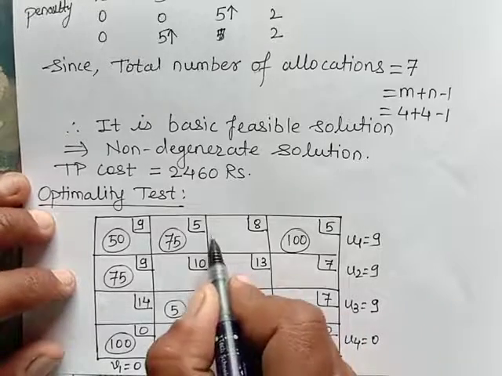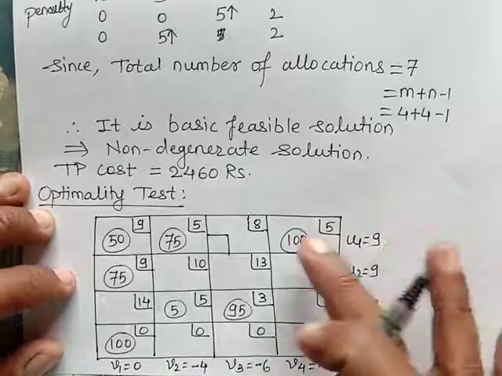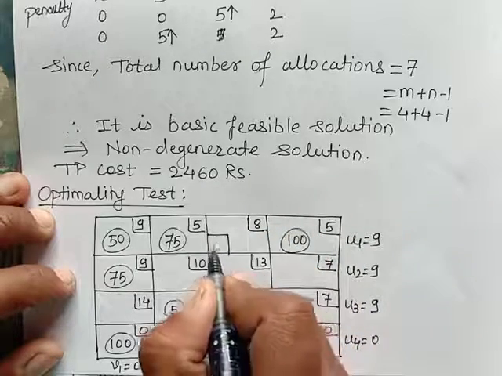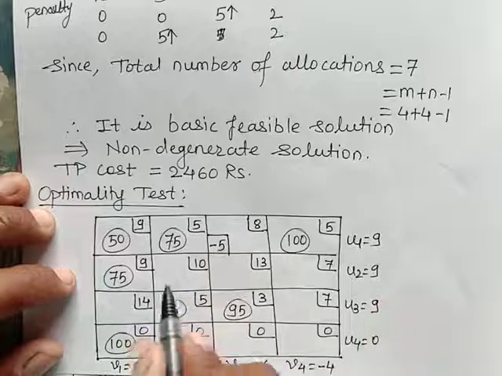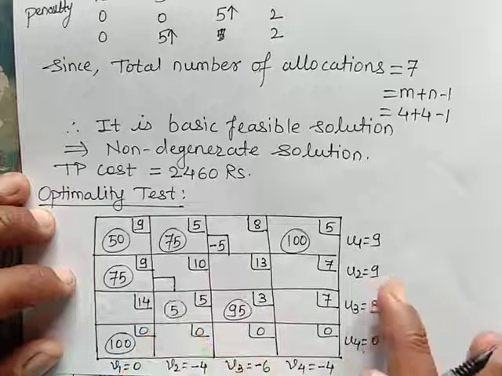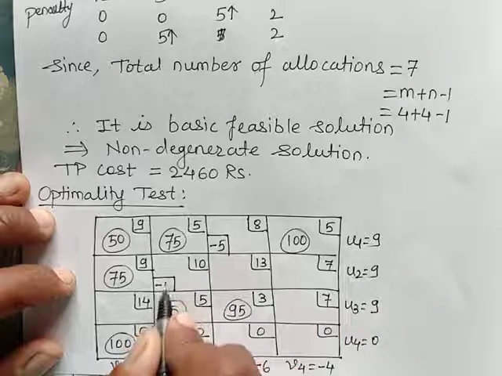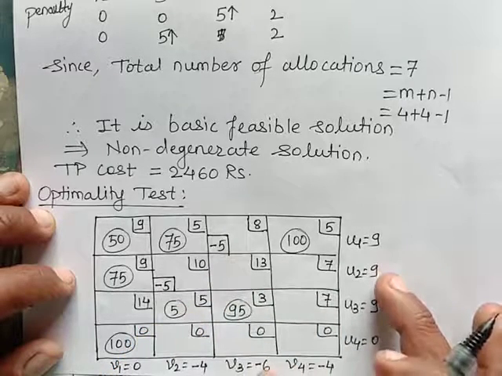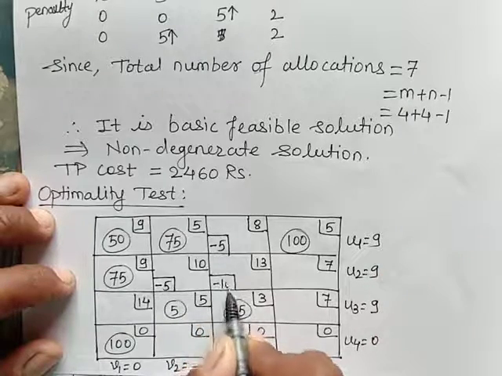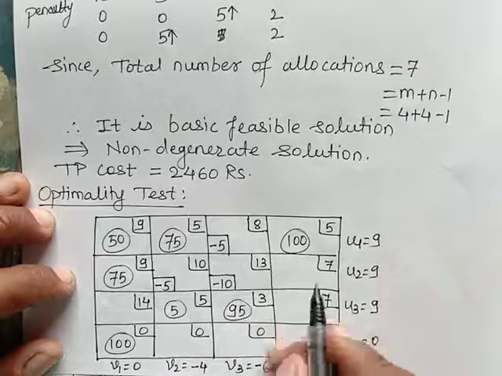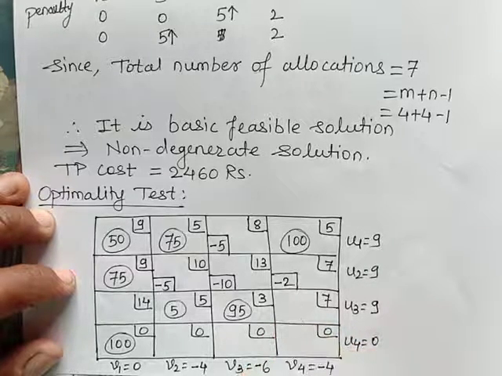So now let's determine the delta ij's. This addition will be 3, 3 minus 8 will be minus 5. Now here this addition will be 5, 5 minus 10 will be minus 5. Again, this addition is 3, 3 minus 13 will be minus 10. This addition is 5, 5 minus 7 is minus 2.